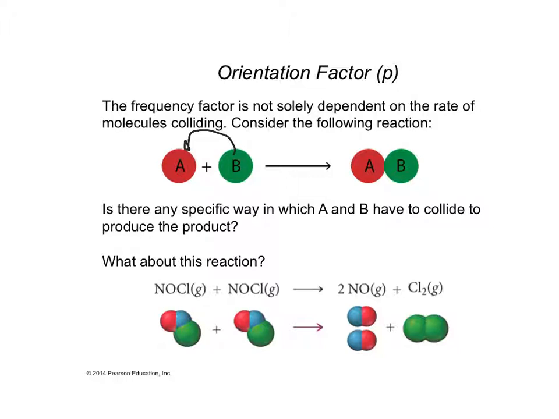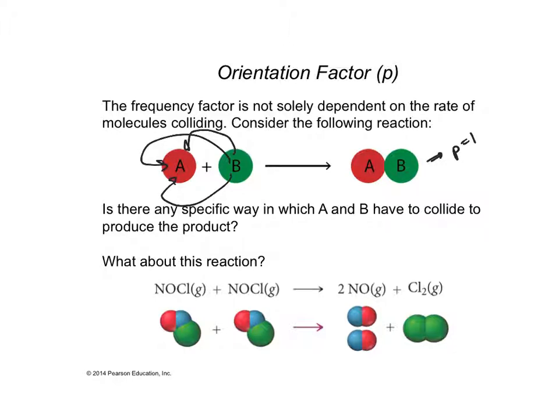Yeah, for the most part. Can B hit A over here? Yeah. What about B hitting A over here? We'll still get AB. Because these guys have no specific requirement with respect to orientation, this would be a reaction that would have a P that's very close to 1. So pretty much all collisions are going to lead to a successful reaction.